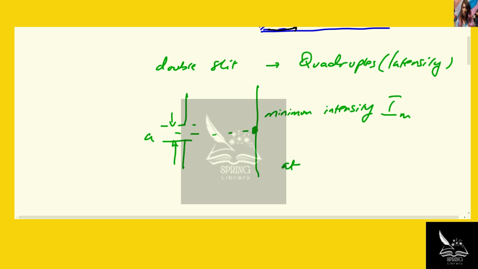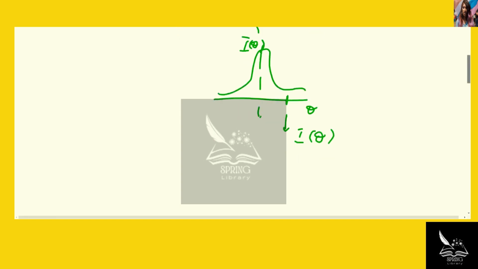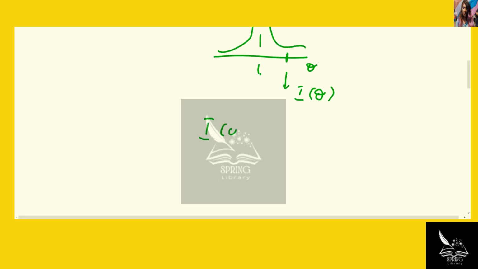At theta, if you can recall in our previous diagram, we have theta on the x-axis and the intensity on the y-axis. So at a specific theta, our intensity is I theta. The y-axis is I theta, and I theta can be equivalent to Im, the minimum intensity, times sine alpha over alpha squared.